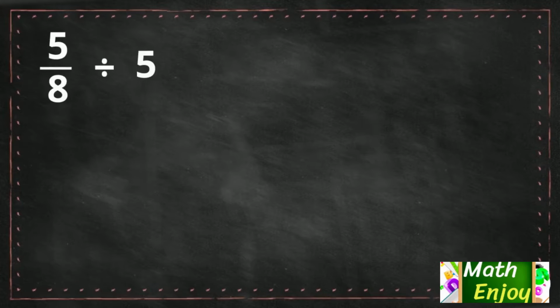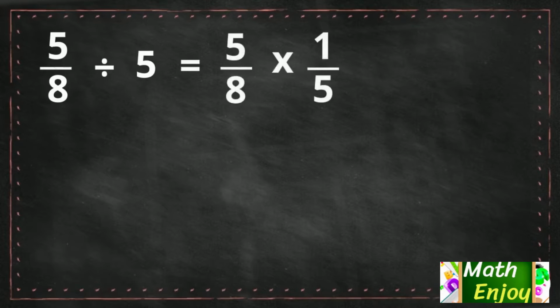Next one. 5 over 8 divided by 5. This one also we will write as a multiplication statement. We have to take the reciprocal of the second fraction. 5 over 8 multiplied by 1 over 5. The reciprocal of 5 is 1 over 5. Now we have two fractions.